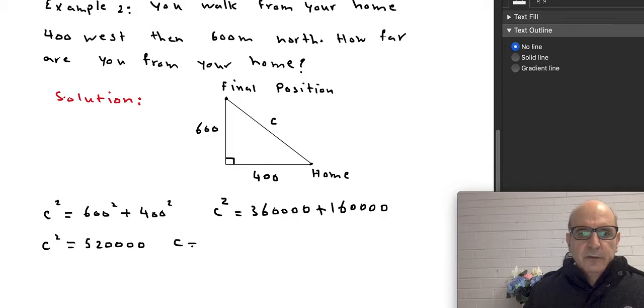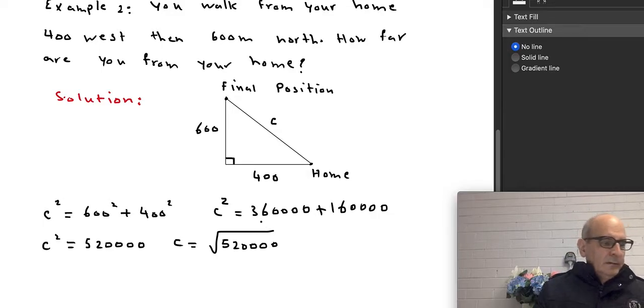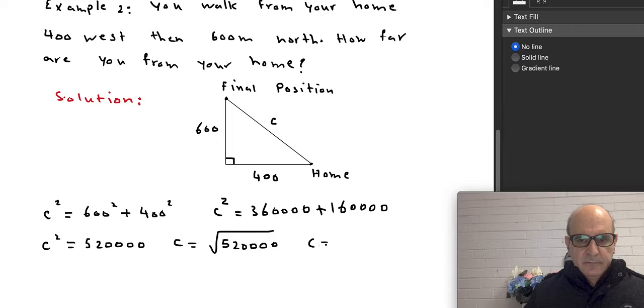Then we square root that to find C. So the square root of 520,000 gives us 721.11 meters to 2 decimal places.